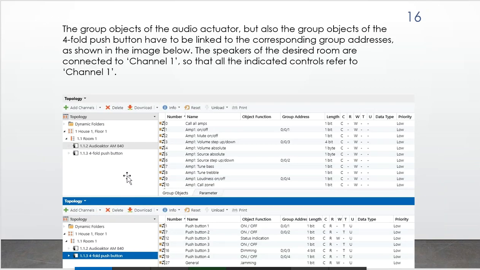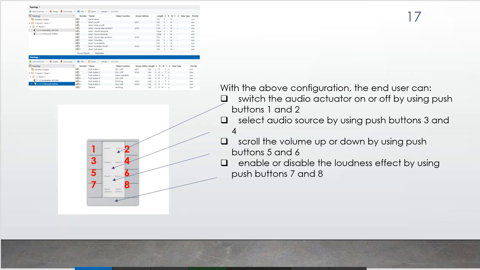You can see we have the push button group objects and we have the group objects of the audio actuator, so we can link between those and make what we need. For example, here in this keypad, with the audio actuator on off, by using push buttons 1 and 2 we can switch the audio actuator on and off.